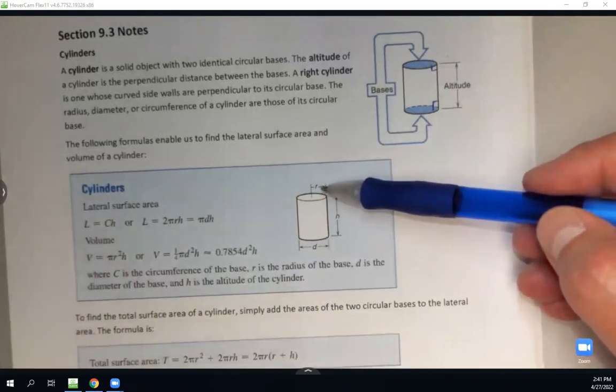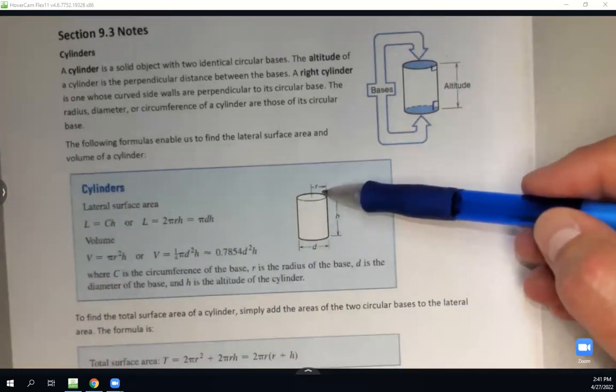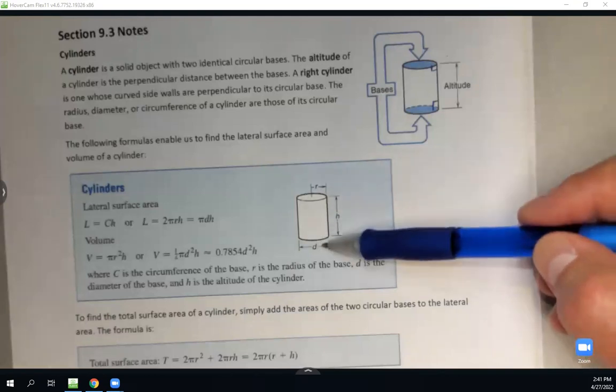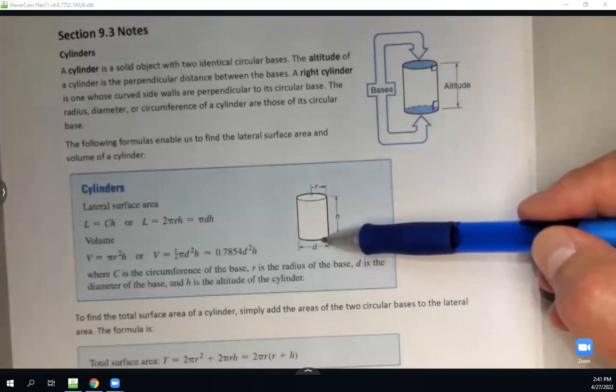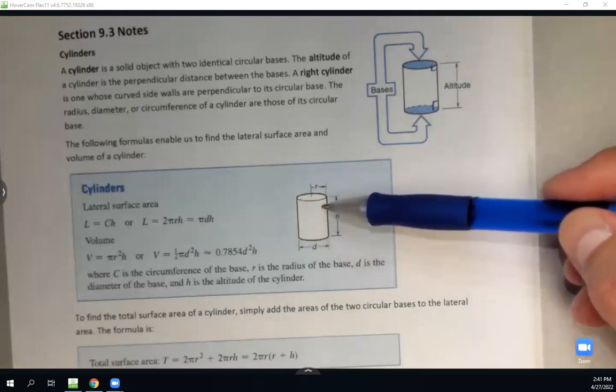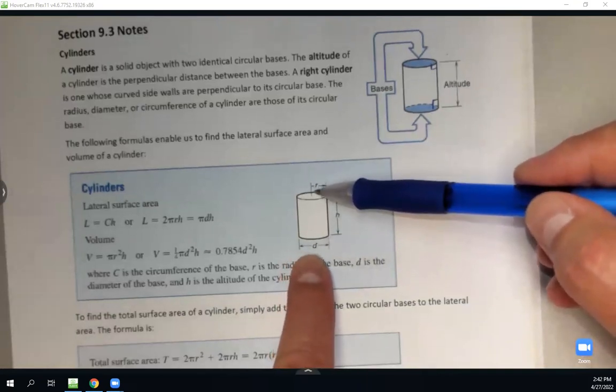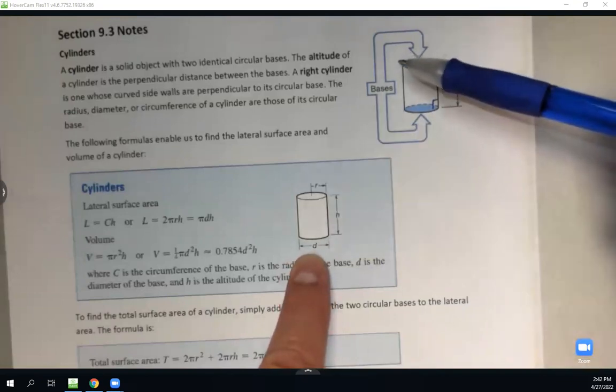Well, the bases are circles, so you have to know the radius. So pi r square is going to be the area of the top circle, and the bottom circle is going to be the same thing. So if you add on 2 times pi r square, that's going to add on the top and the bottom, which would give you the total surface area.